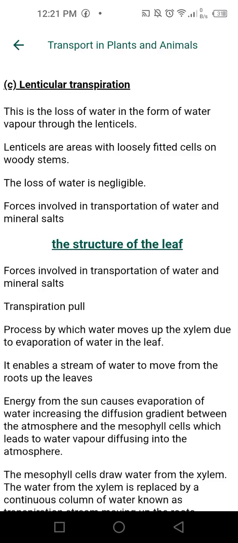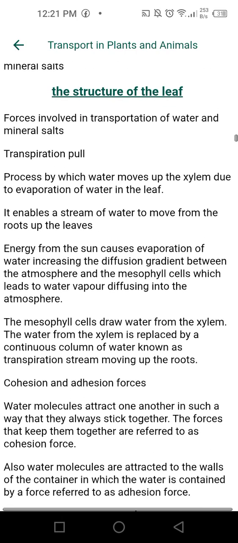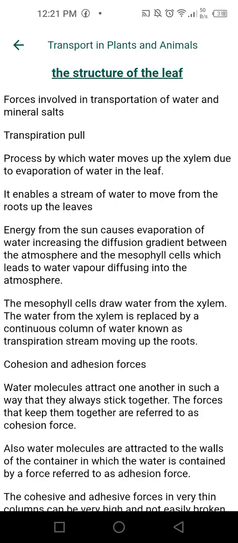Forces involved in transportation of water and mineral salts. The structure of the leaf. Forces involved in transportation of water and mineral salts. Transpiration pull. The process by which water moves up the xylem due to evaporation of water in the leaf. It enables a stream of water to move from the roots up to the leaves.